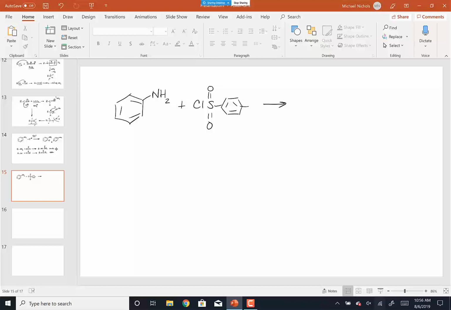And if we did that, what would we make? The nitrogen equivalent of a, starts with T, of a tosylate ester. So we can make the nitrogen equivalent of a tosylate ester here.